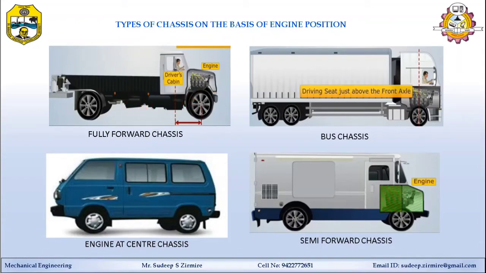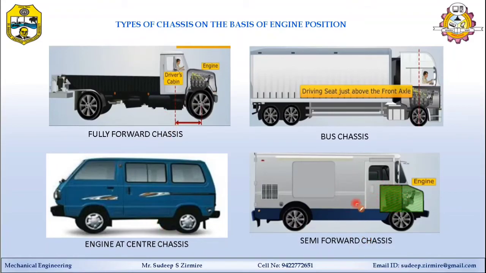So what is meant by fully forward chassis? Here you can see the first point. In this type of chassis, the engine is fitted in front of the driver seat, outside the driver cabin, and it provides safety to the driver. Generally you can see this in trucks which are used to transport coal or sand.